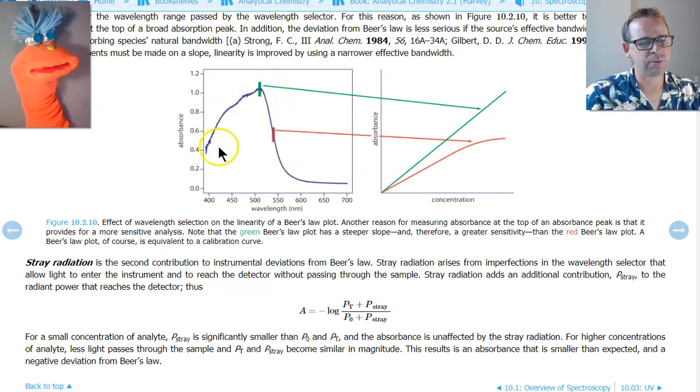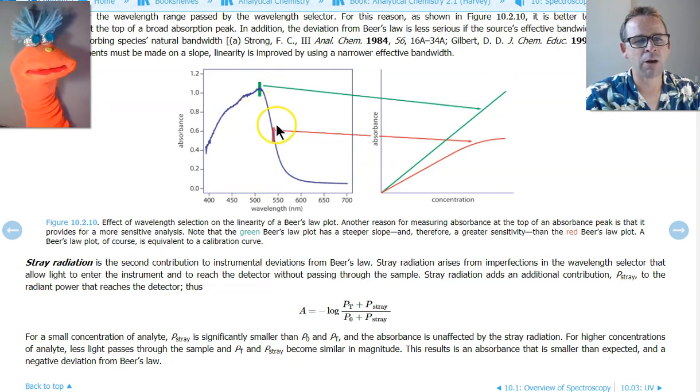If I have an absorption spectra like this, and I plot absorbance at this wavelength versus concentration, right? As I change the concentration, if I decrease it, the absorbance at that wavelength, my lambda max, decreases. And you can see this plot is linear as it decreases because it's going to respond linearly to the concentration.